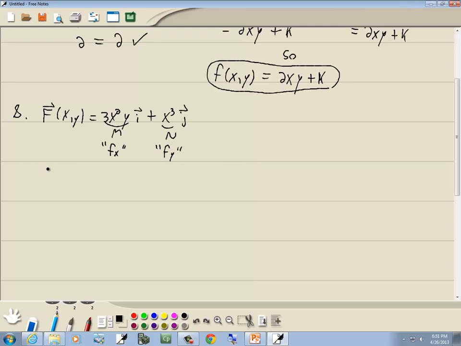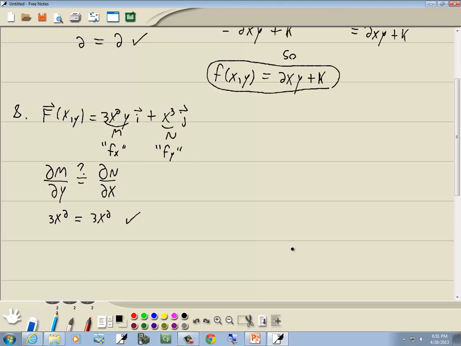First thing we need to do is verify they're conservative. So we're going to take the partial of m with respect to y, and we're wondering if that's equal to the partial of n with respect to x. The derivative of m with respect to y would give us 3x squared, and the partial derivative of n with respect to x would give us 3x squared.